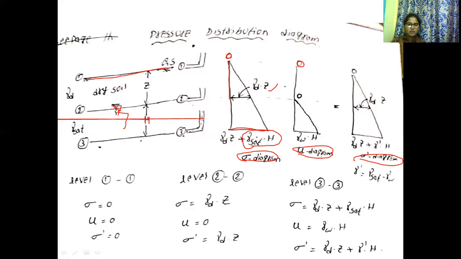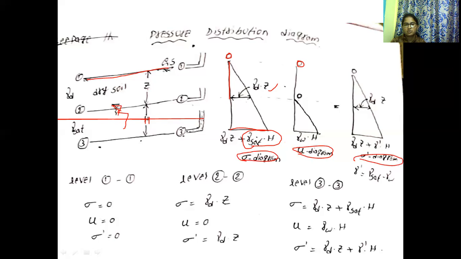Now come to pore water pressure. Pore water pressure means due to capillary rise, water will move upward, and in a fully saturated condition the soil will have some moisture content. So you can write the unit weight of water. The first layer will be in dry condition.